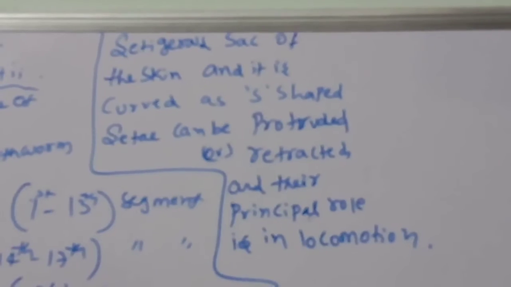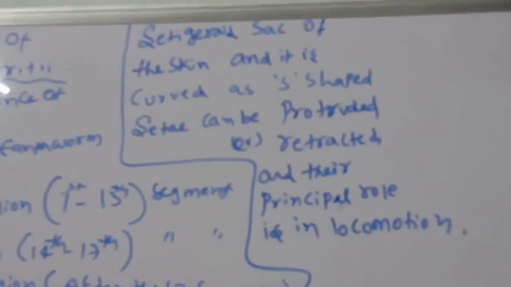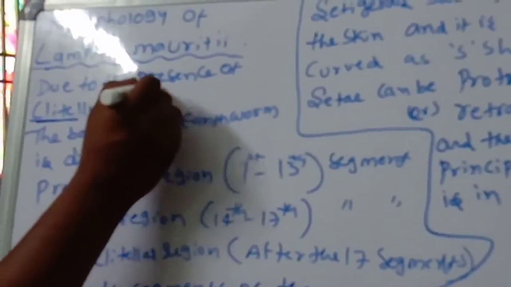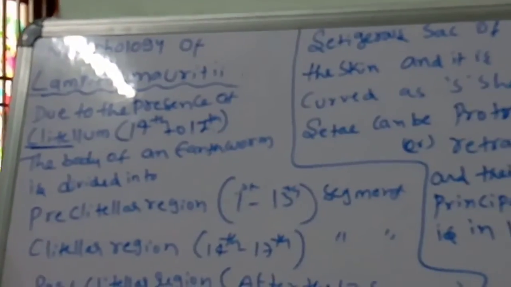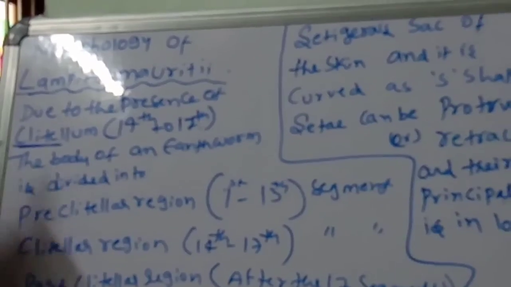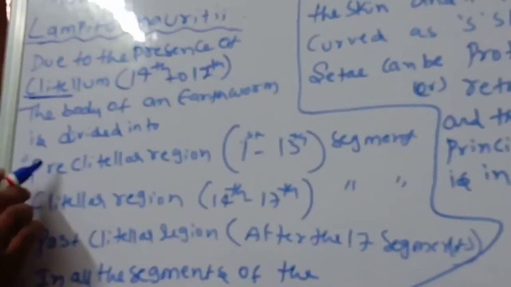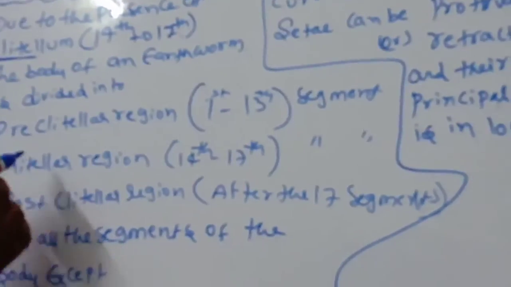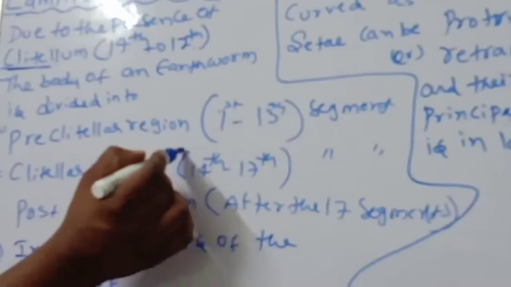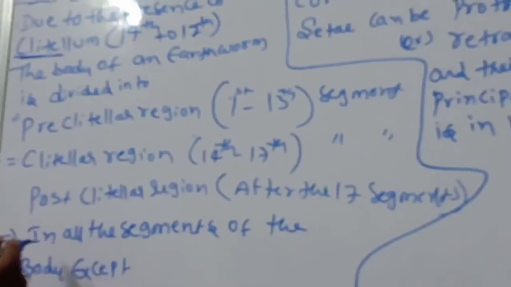Due to the presence of clitellum, the 14th to 17th segment, the body of the earthworm is divided into the pre-clitellar region, the 1st to 13th, the clitellar region, 14th to 17th, and the post-clitellar region after the 17th segment.